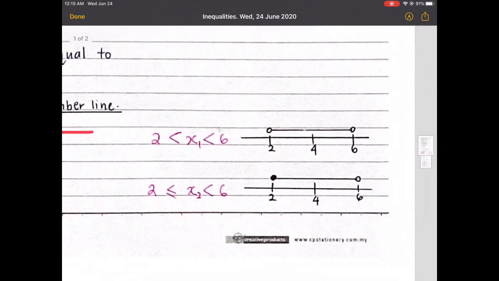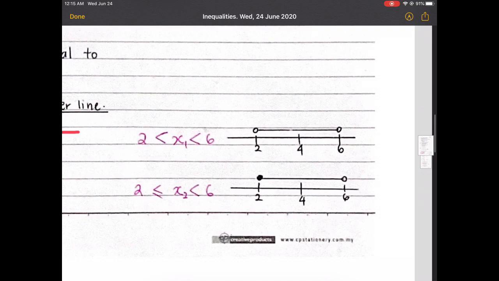Then let's look at this one. What if you have a specific range? For the previous example, you have an indefinite range. But what if you have a definite range? So like this, it starts from 2 and it ends at 6. So you will draw the line on the number line to start from 2 until 6.